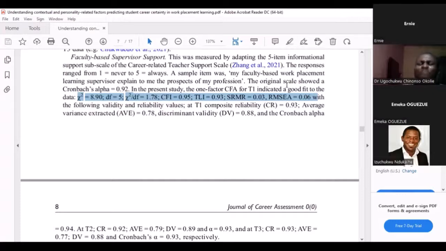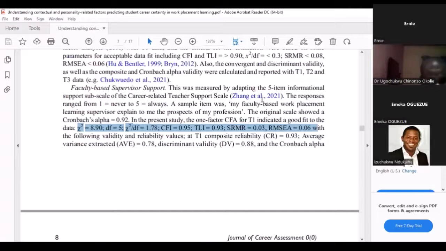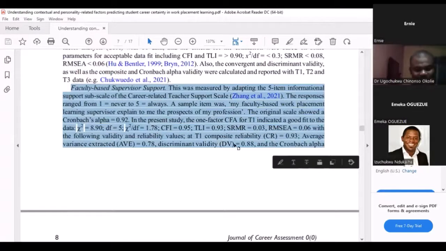But the essence is this: the instrument that you have adapted had already gone through exploratory factor analysis elsewhere. Look at this here. This scale that was adapted had already undergone exploratory factor analysis in the study.